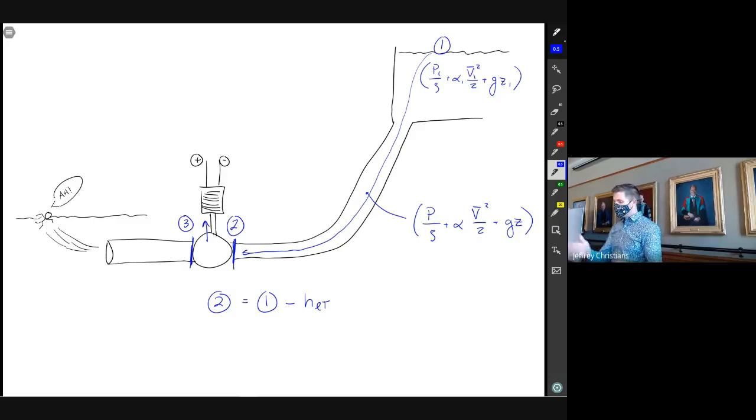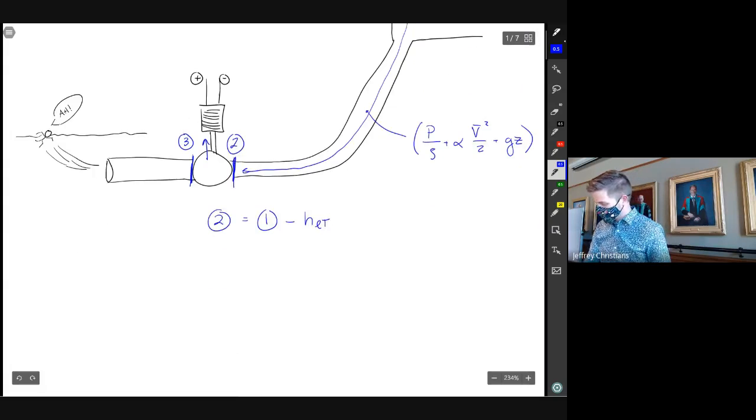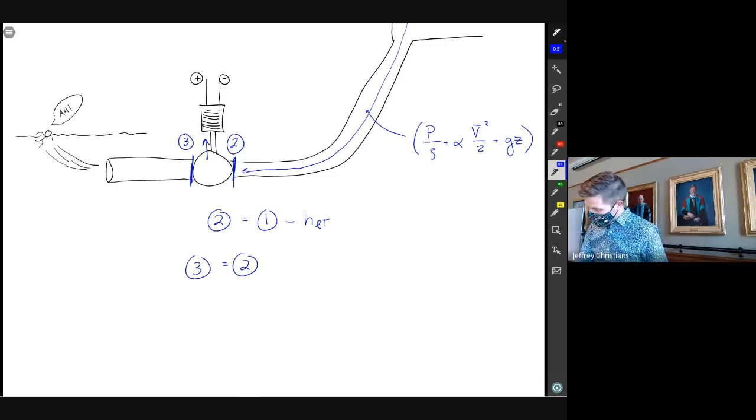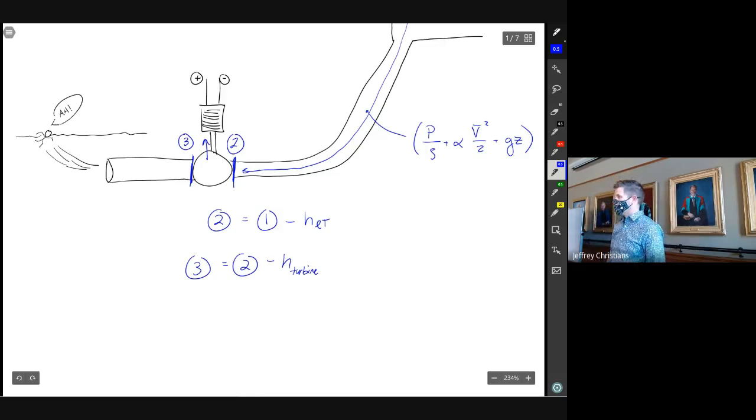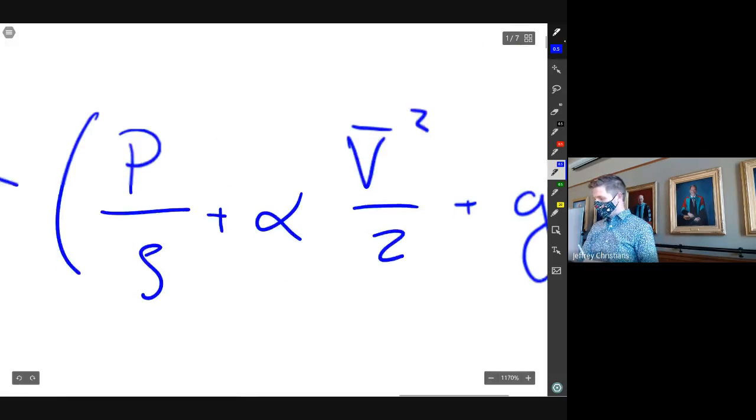So as we move from 2 to 3, the energy that we have remaining at 3 is equal to the energy that we had at 2 minus the head loss of our turbine. We call it turbine head loss. That's how much energy we actually took out of the fluid. And you can keep going either up or down.